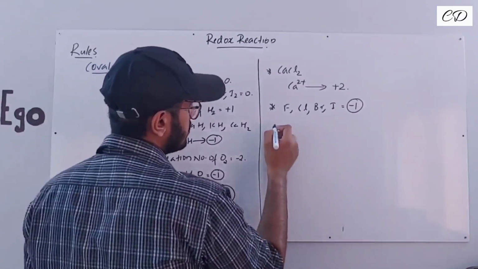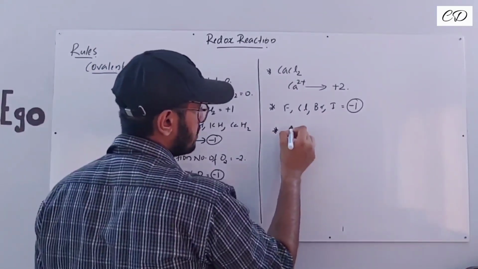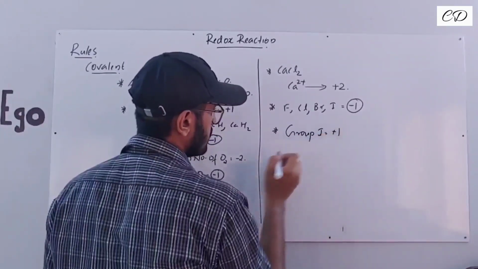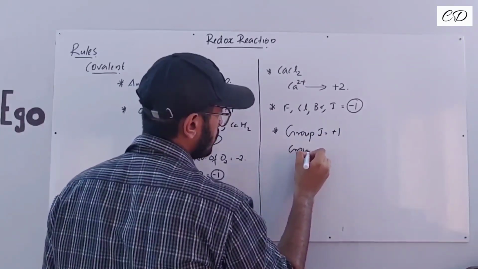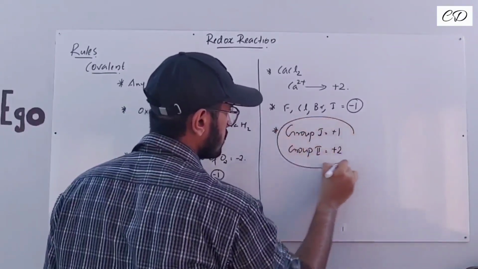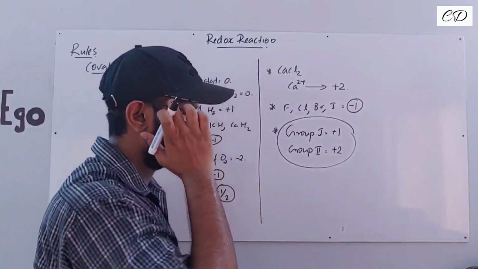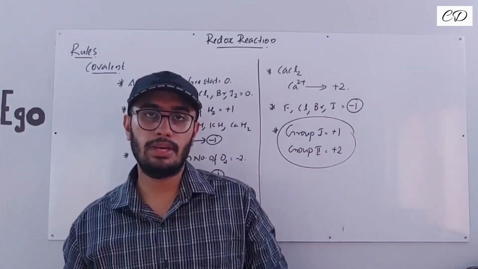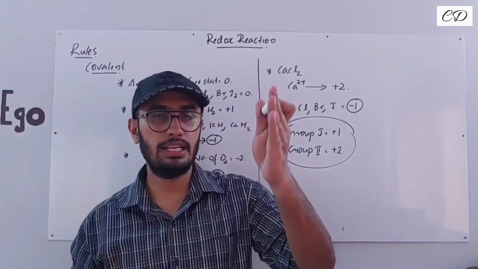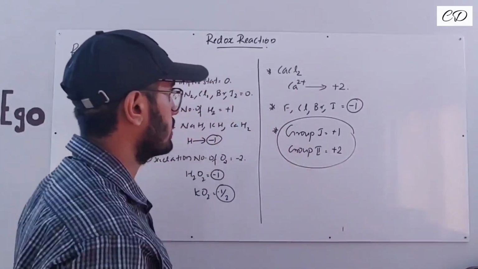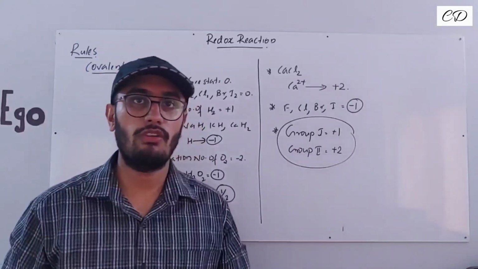Two more rules: group 1 elements always have +1 and group 2 elements always have +2 oxidation state. Group 1 elements are hydrogen, sodium, potassium, etc. Group 2 elements are magnesium, calcium, etc. So these are the rules of oxidation number in covalent compounds.